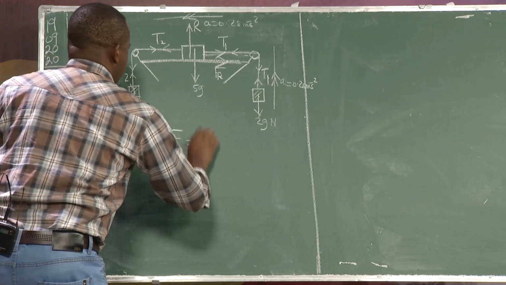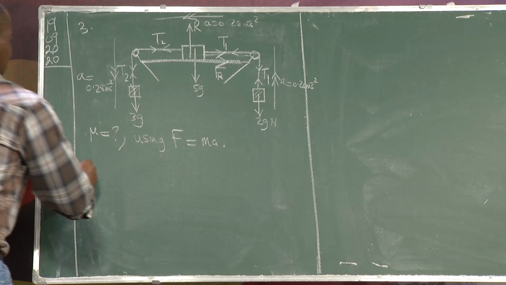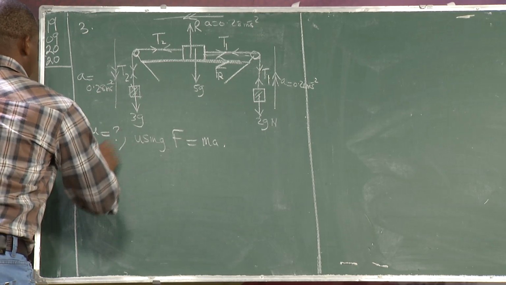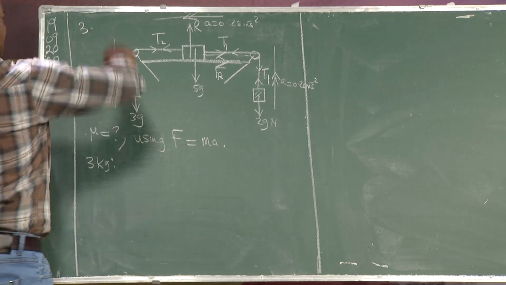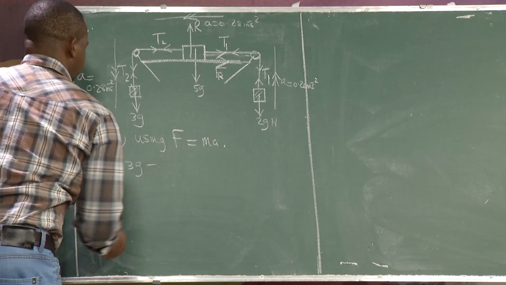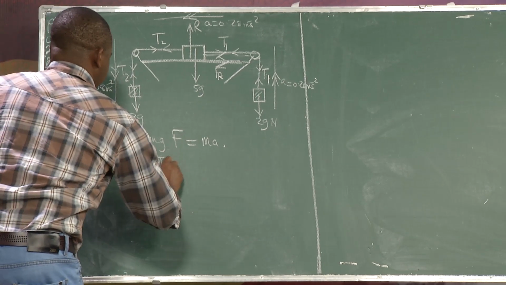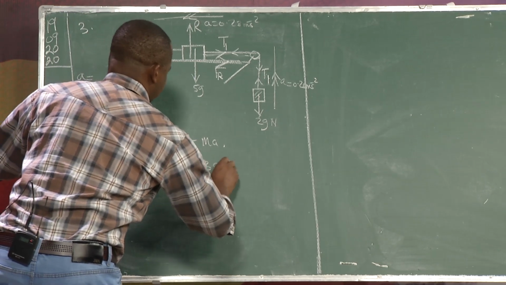We shall use F is equal to ma here, our resultant force, and we shall categorize it in 3 forms. For the 3 kilogram mass, since it is going down, the resultant force will be 3g minus the tension there, T2, and this will be equal to 3 times the acceleration.